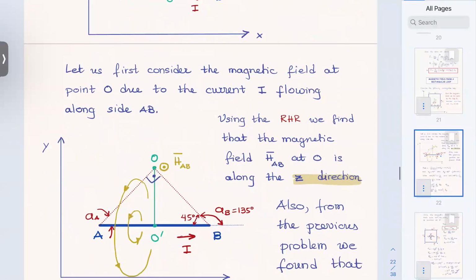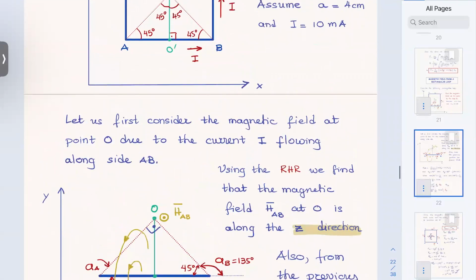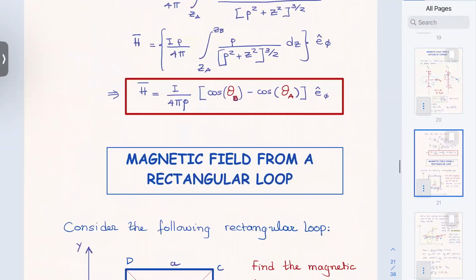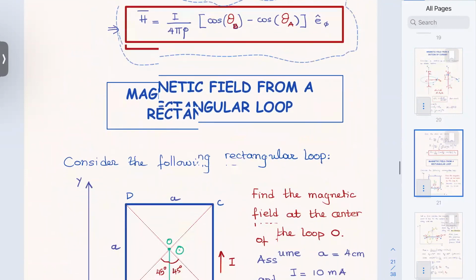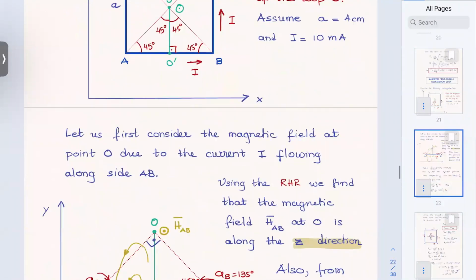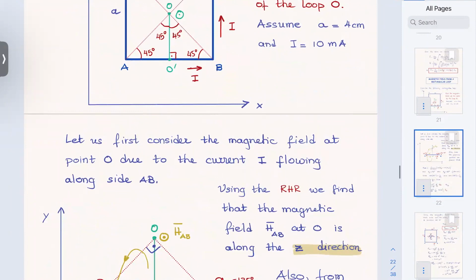Okay, so first of all, we use this formula here for this particular case. O is at the center of the square. Therefore, all of the angles that you see here between the various sides, OA, OB, and AB, are 45 degrees.